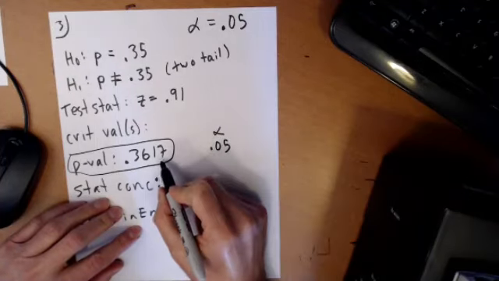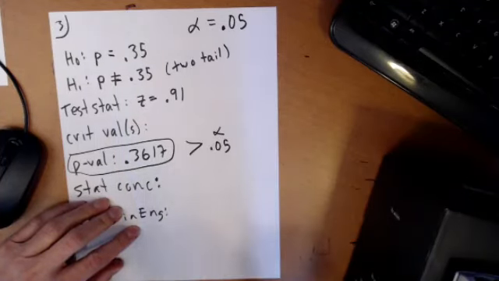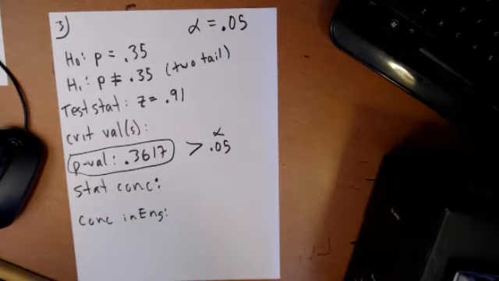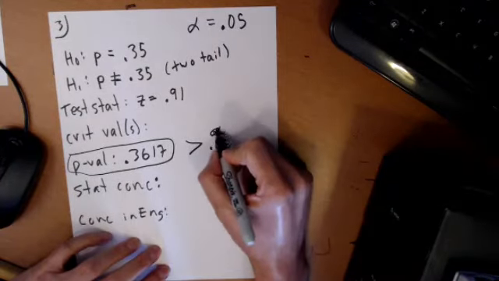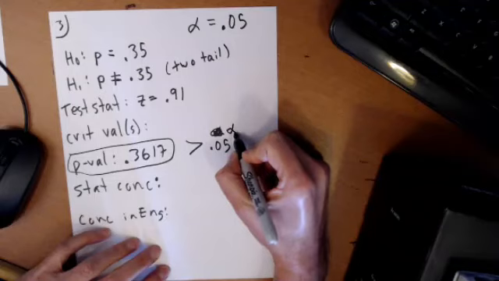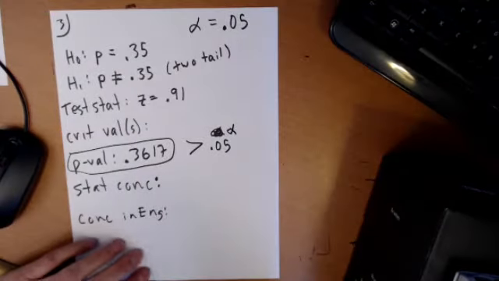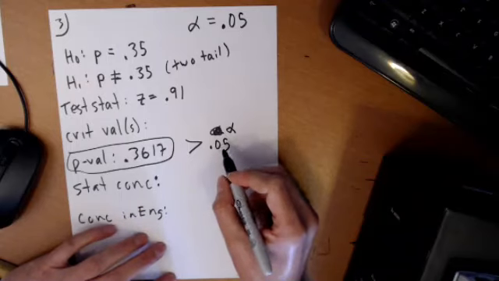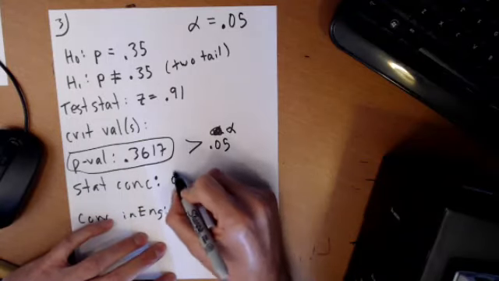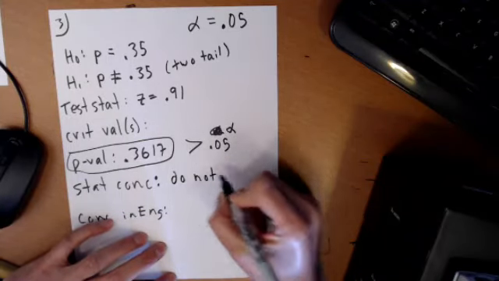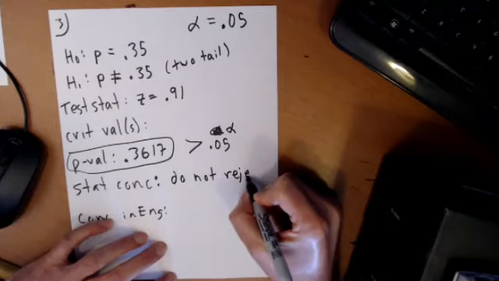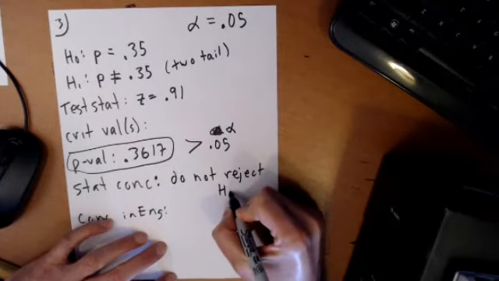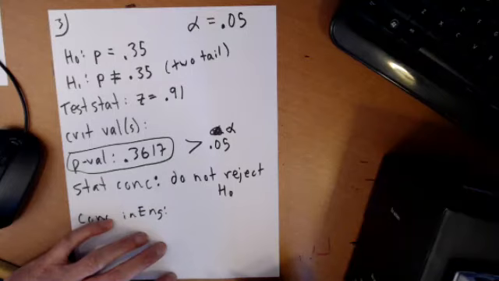This 0.3617 is way bigger, so my p-value is greater than my alpha. Alpha's hard to draw sometimes. Oh, so much better. So p-value greater than alpha, so I would say do not reject H0. Some books would say fail to reject H0. Our book says do not reject H0.